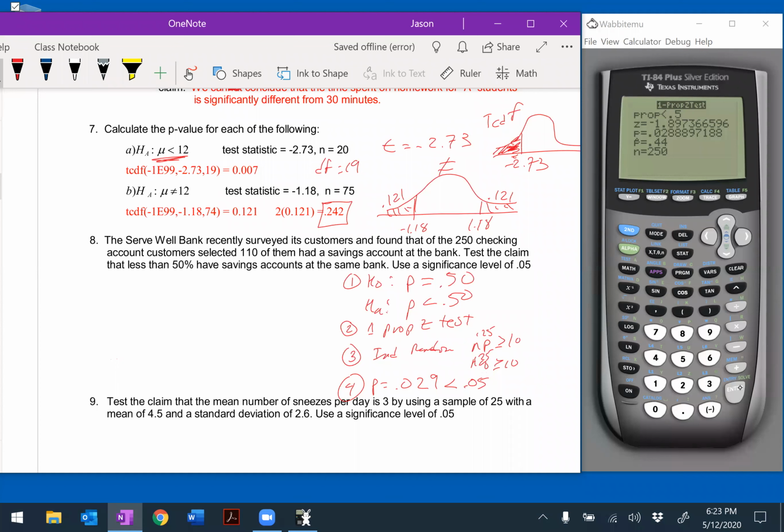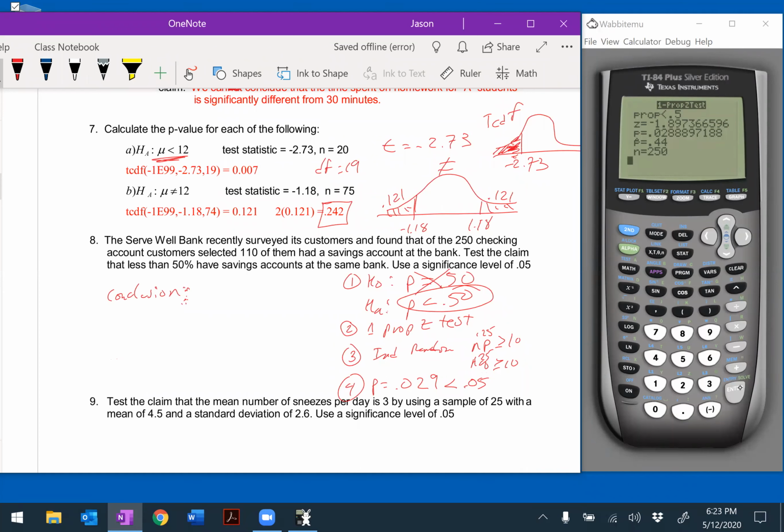So what's our conclusion here? Our conclusion is that we would reject the null and we would accept the alternative.